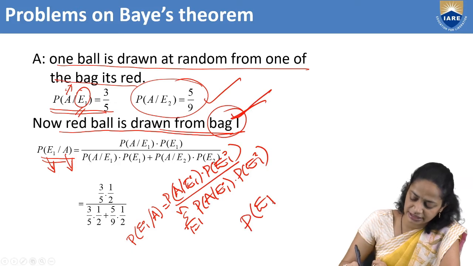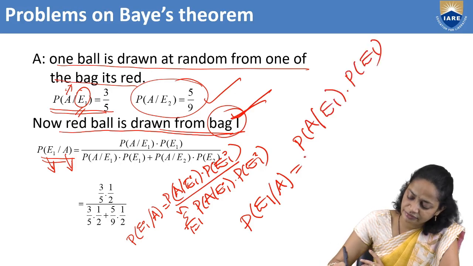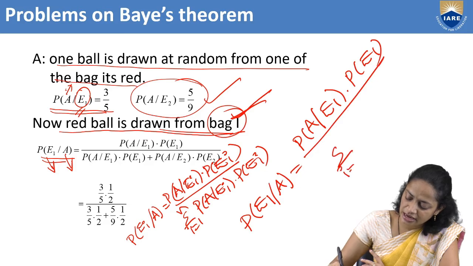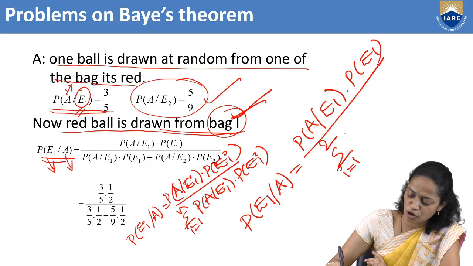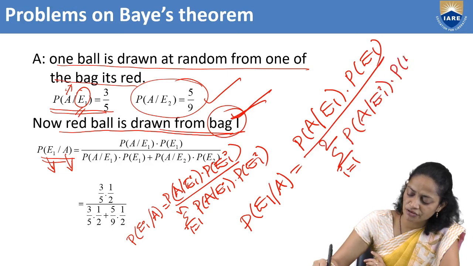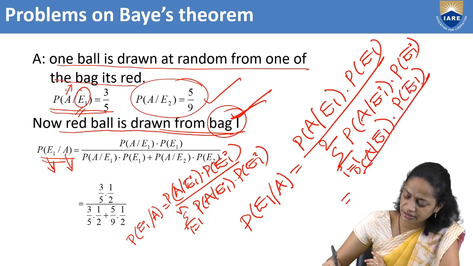Our bag 1 is E1 here. E1 given A equals probability of A given E1 into P of E1, divided by the sum over i equal to 1 to 2, as two bags are there. So expand this one.